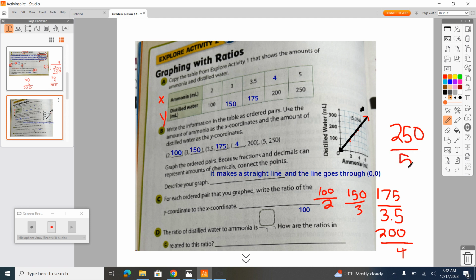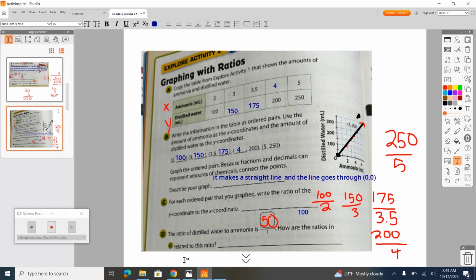So the ratio of distilled water to ammonia in all of these could be simplified to 50 over 1. How are the ratios related to this ratio? All of the ratios could be simplified to 50 over 1, which means they are all equivalent ratios.